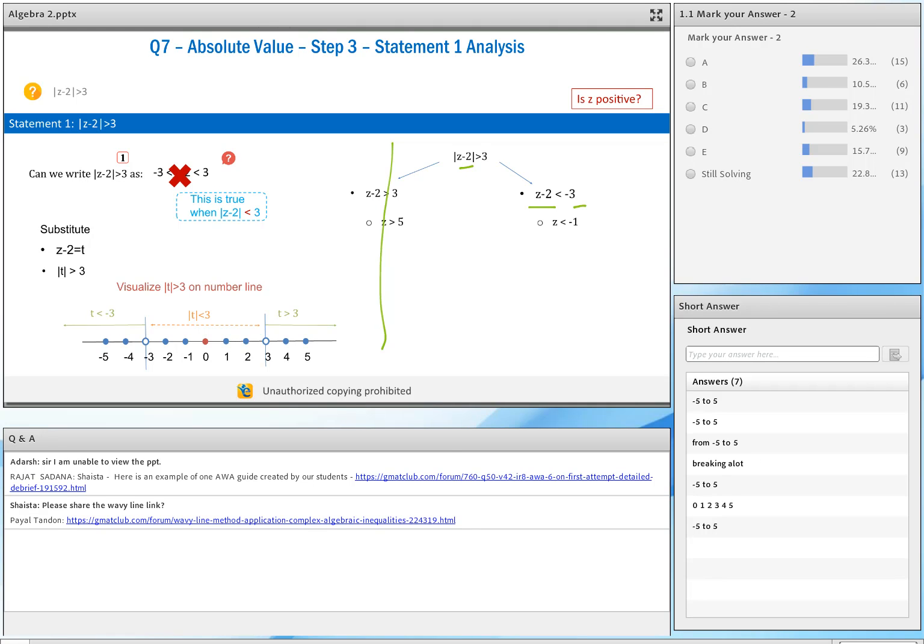In the case that z minus 2 is greater than 3, I'll get z is greater than 5. If z minus 2 is less than minus 3, I'm going to get z is less than minus 1.